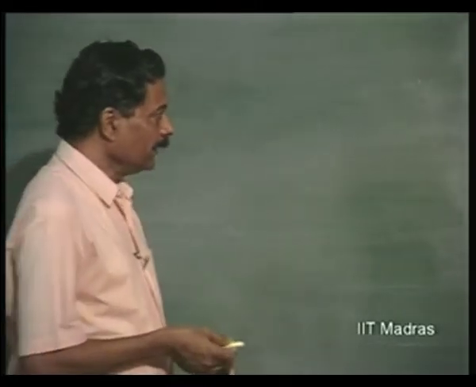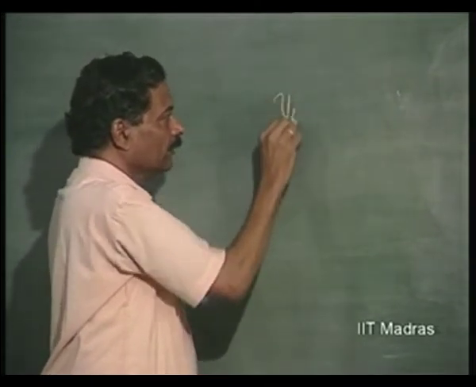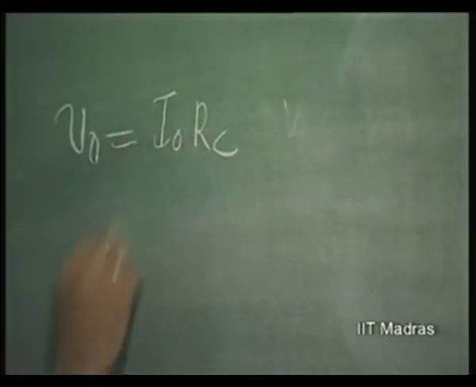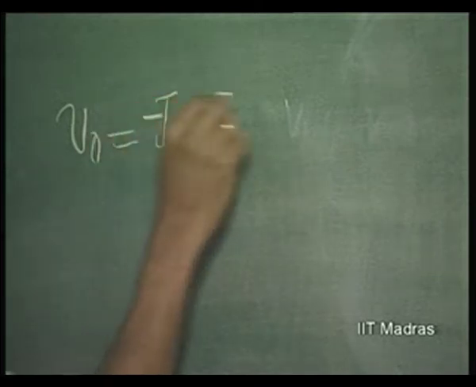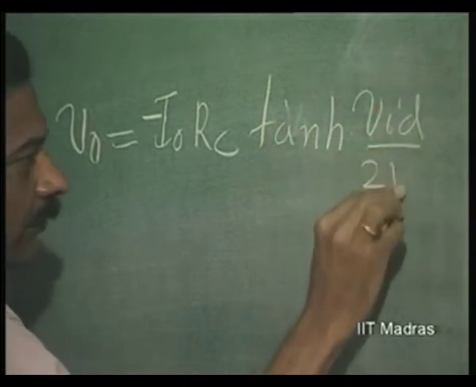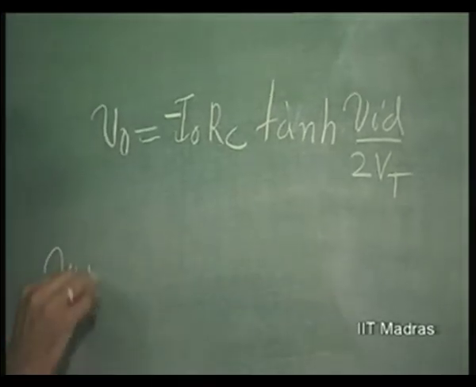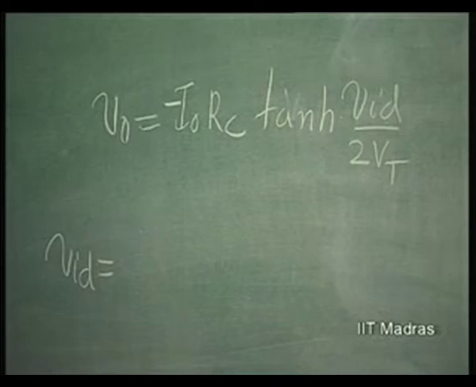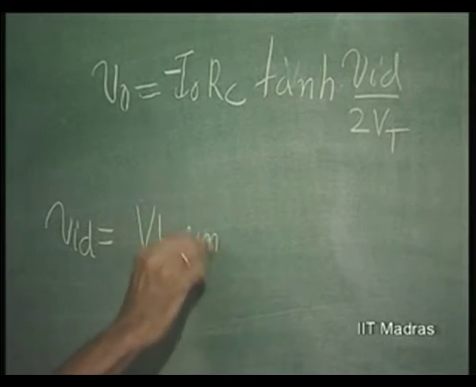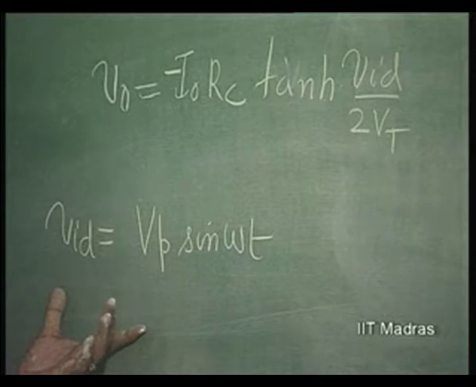So, we have seen that this V naught is equal to minus I naught RC tan hyperbolic VID by 2 VT. Now, we are taking VID as equal to Vp sin omega t. I am applying a sine wave as the input.